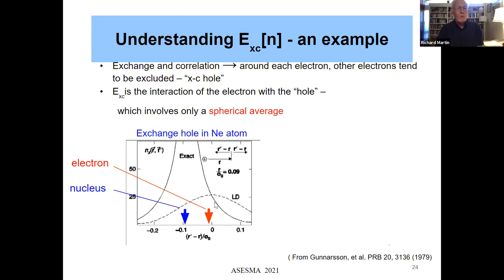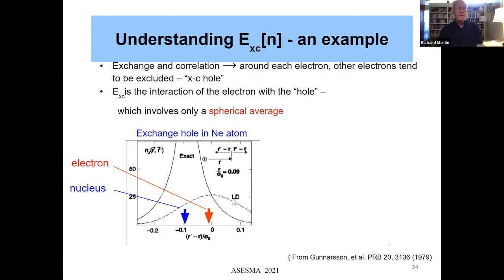Now the real exchange correlation hole is the effect on other electrons if an electron is at this point. And it's very asymmetric. The other electrons are back near the nucleus and very few out further. And so the exchange correlation hole is mainly back near the nucleus. If it is a homogeneous gas, of course, it's symmetric, and whether you go to the left or the right, it's all the same.